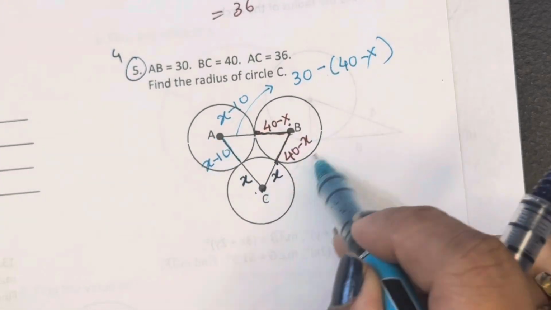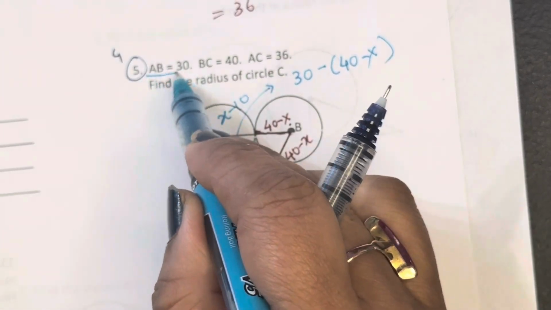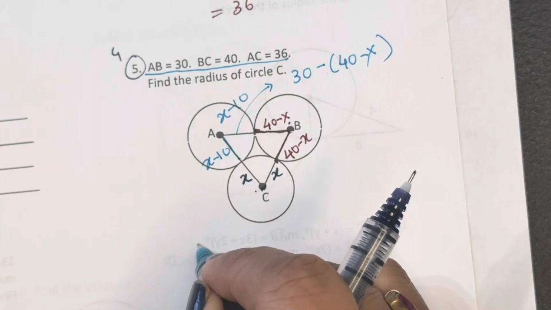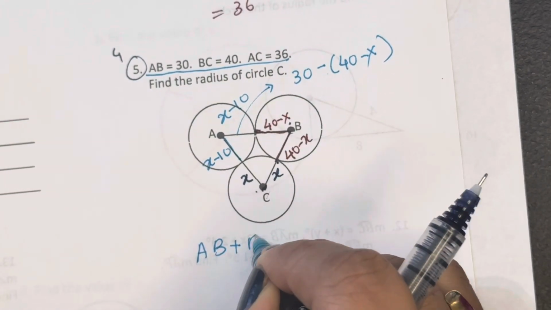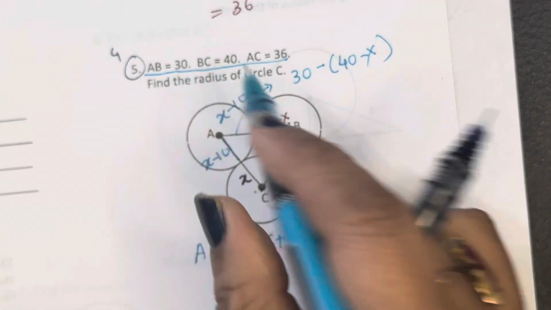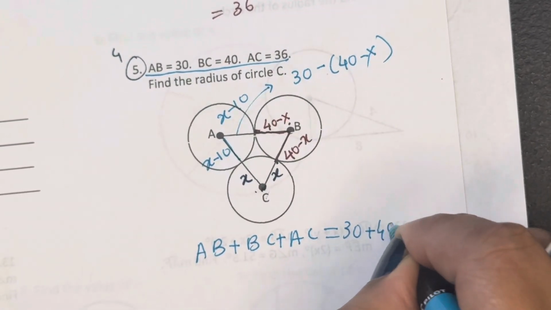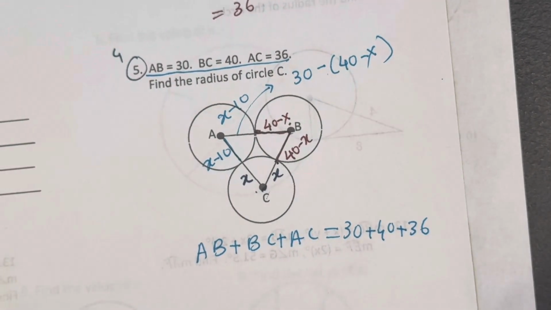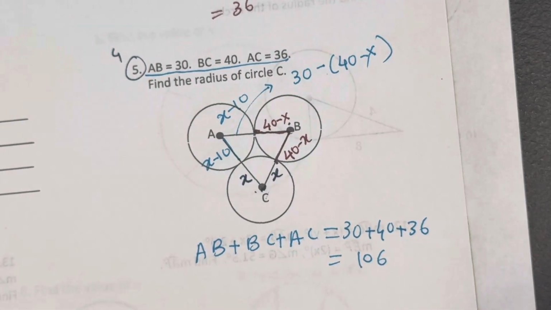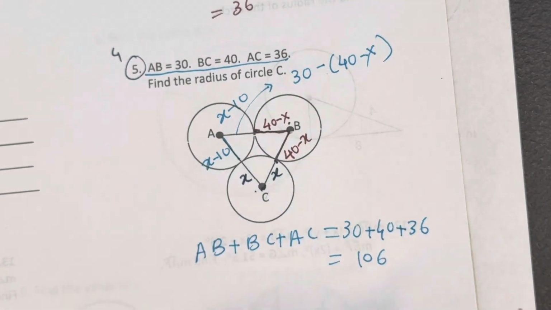Now if you add all of them, it should be the same as this. So AB plus BC plus AC should be equal to 30 plus 40 plus 36. The total is 106, I suppose. And now I'm adding them also.